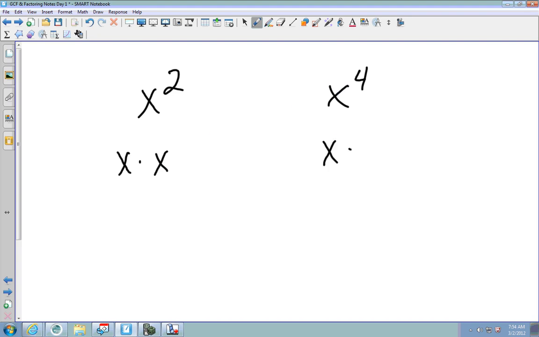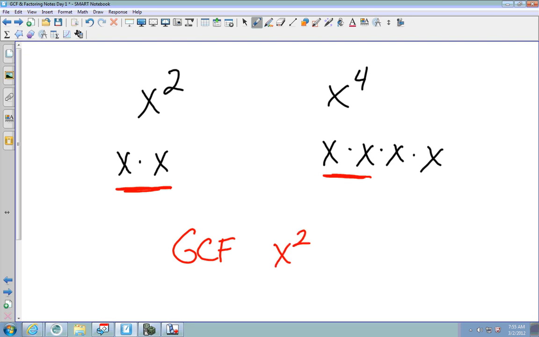It means that there's 4 x's. Now, to find the greatest common factor of your variables, there are 2 x's in this one and 2 x's in this one. X squared is the greatest common factor. Here's what you do. You see how they both have x's? You take that x and put it down there, and then it's the smallest exponent. Okay, the smallest exponent.